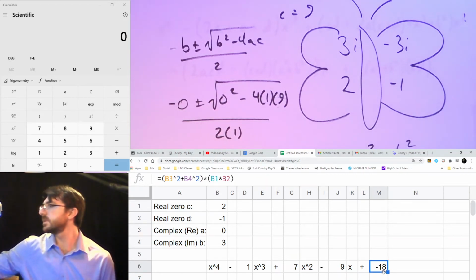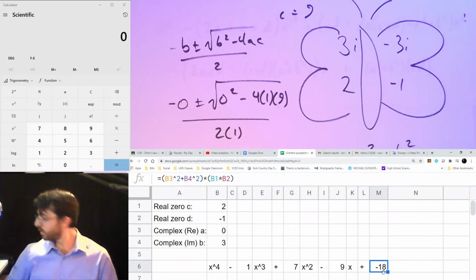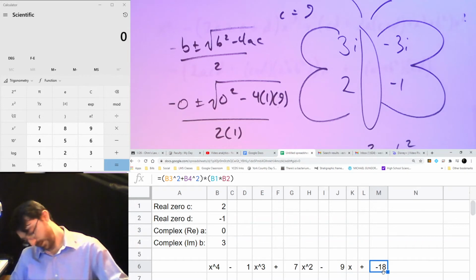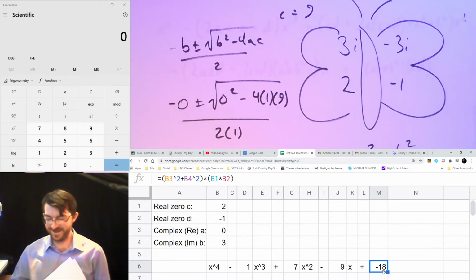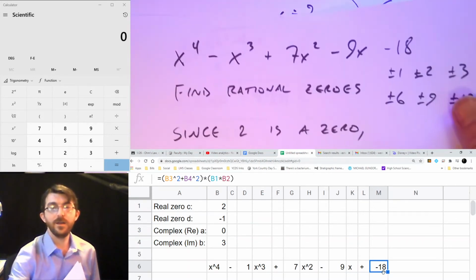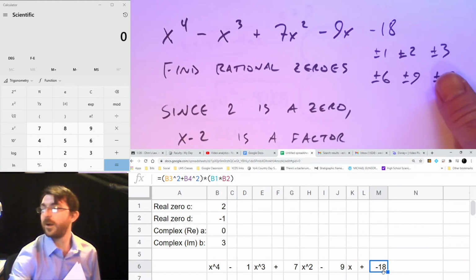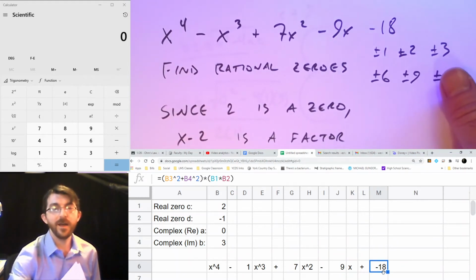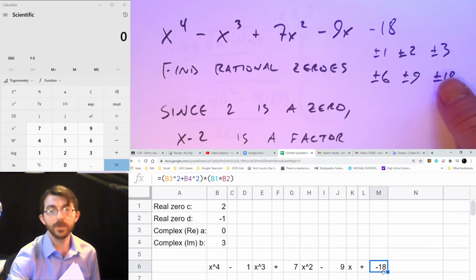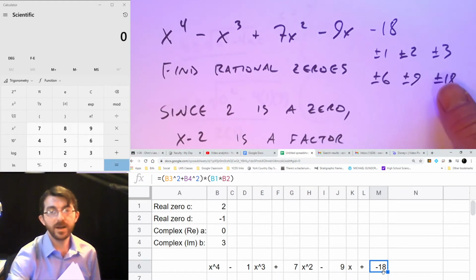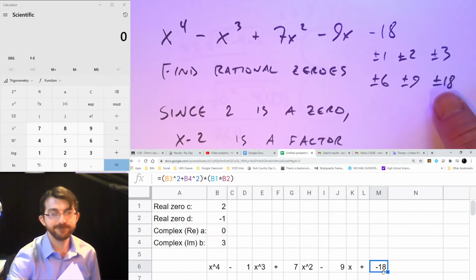Is that what it was? Yep, that was it. x to the 4th minus x cubed plus 7x squared minus 9x minus 18.